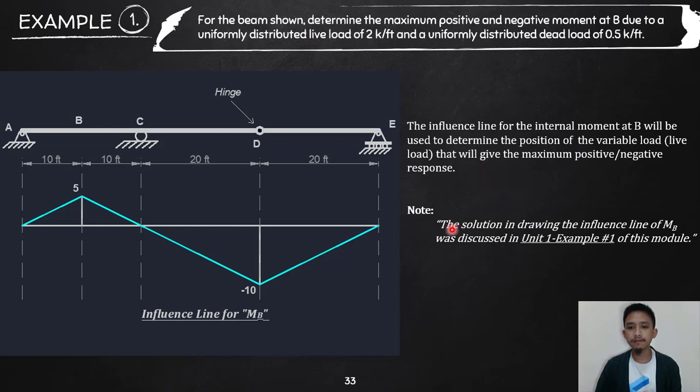So again, the solution on how we establish the influence line is presented in your Unit 1 example number 1. As you can see, it is shown on the influence line that when the loading is within A to C, then the internal moment at point B, which is at the midway of A to C, will be positive.